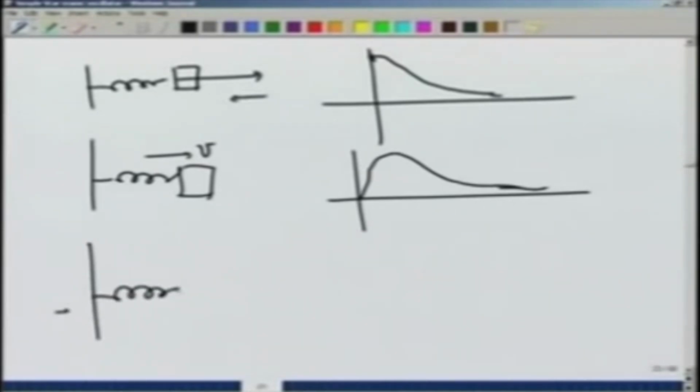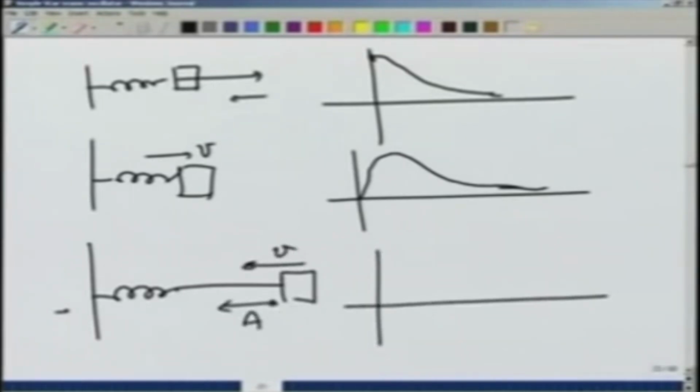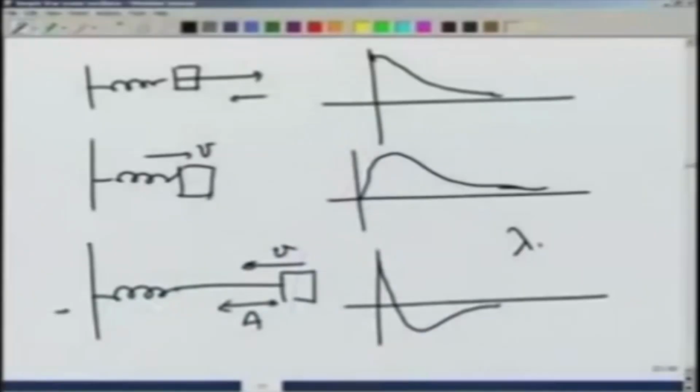And the third case, where I stretched it and then gave it a velocity also, in general the mass crossed the equilibrium point and then finally slowly approached the equilibrium point. These are the cases where lambda 1 was not equal to lambda 2, what we called heavy damping.